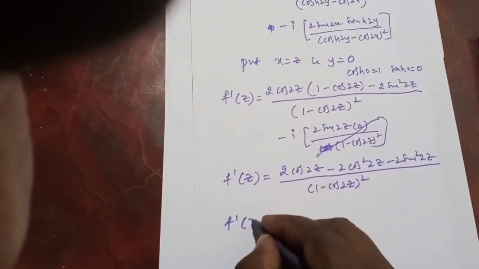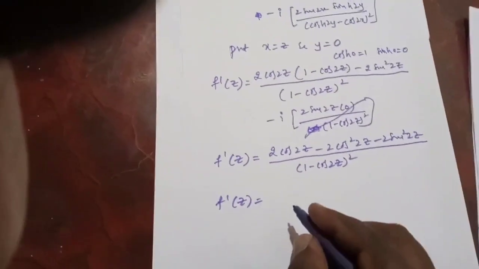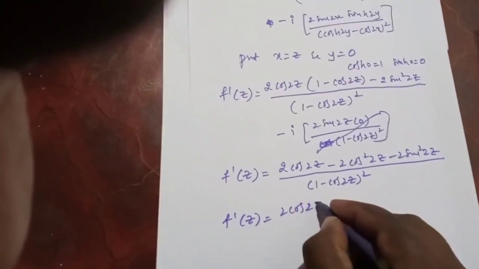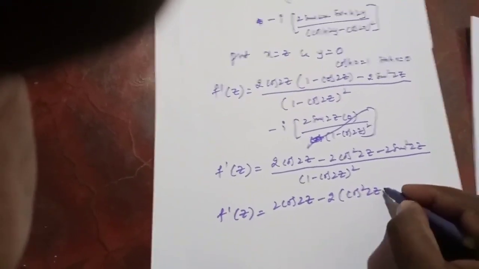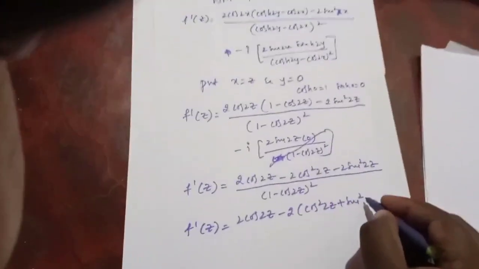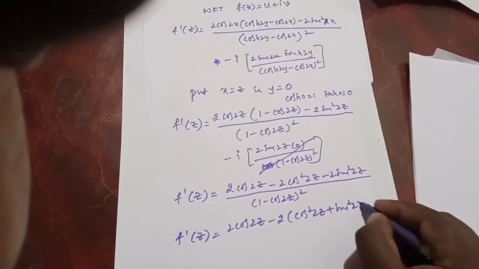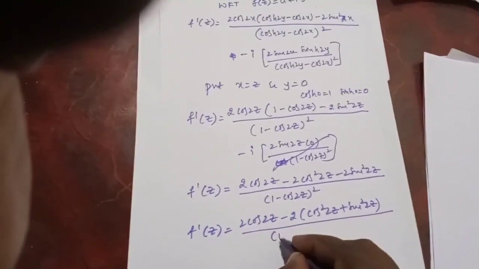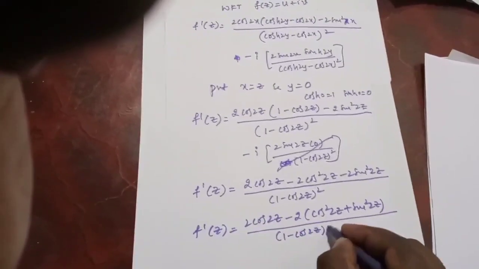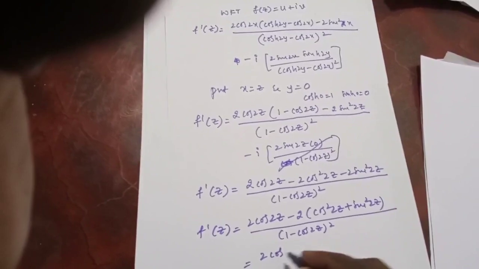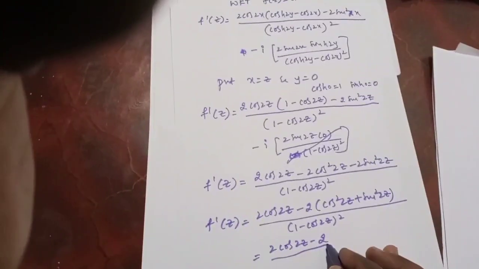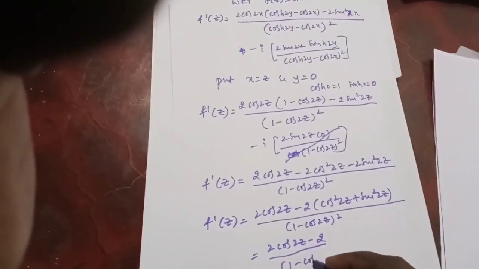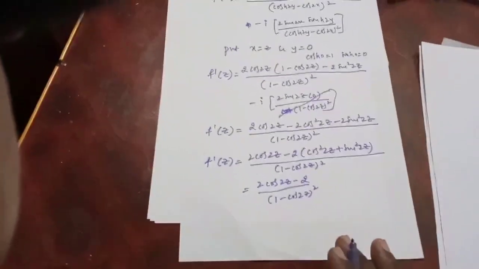So f dash of z equal to 2 cos 2z, here minus 2 is common, cos square 2z plus sin square 2z, divided by 1 minus cos 2z whole square. Cos square theta plus sin square theta is 1, we are left with 2, over 1 minus cos 2z whole square.